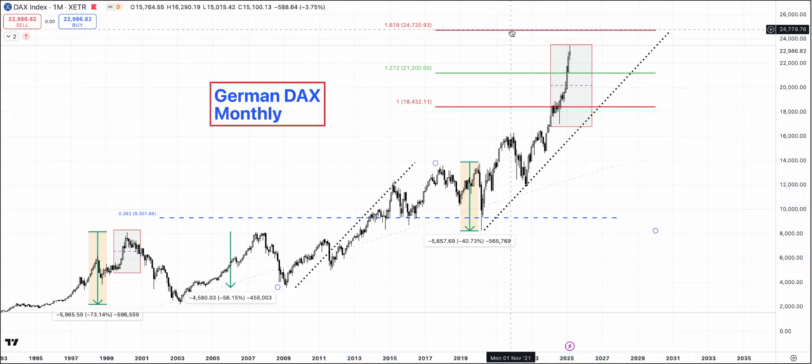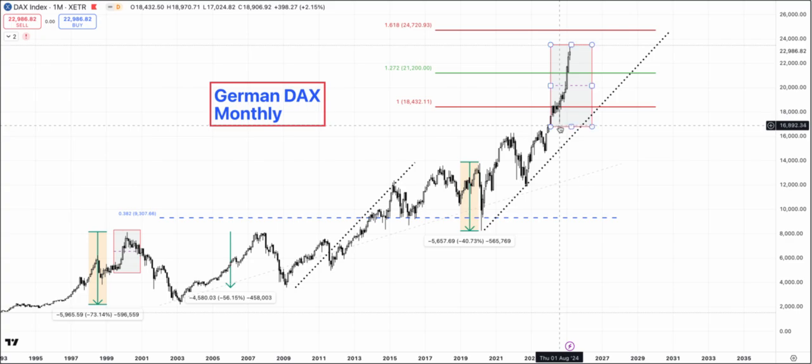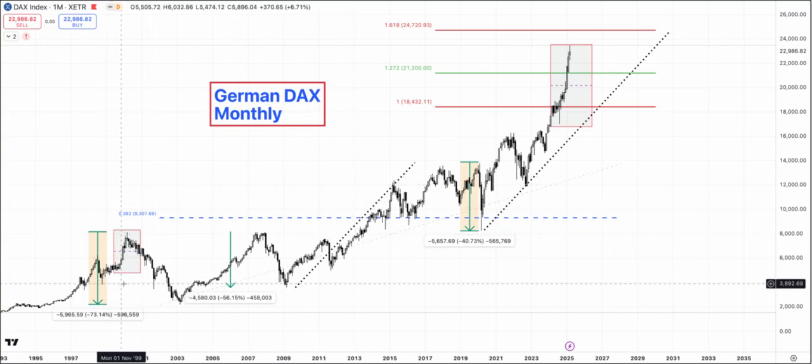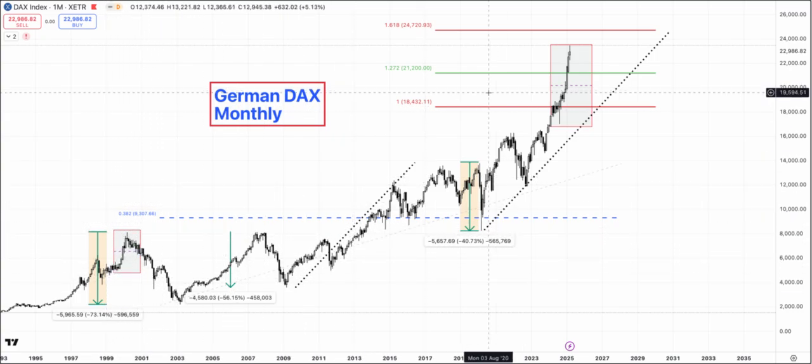So maybe there's a possibility to attempt the 25,000 psychological level, but look at this parabola, which started in August of 2024, and it still seems to be going pretty strong. So we are actually getting into this parabolic situation.